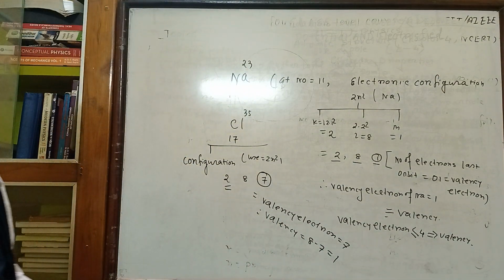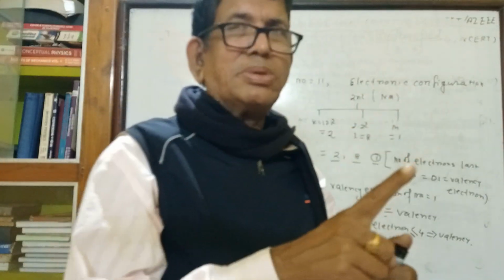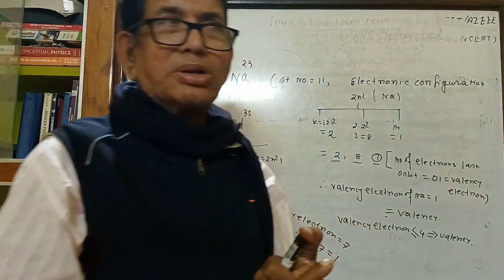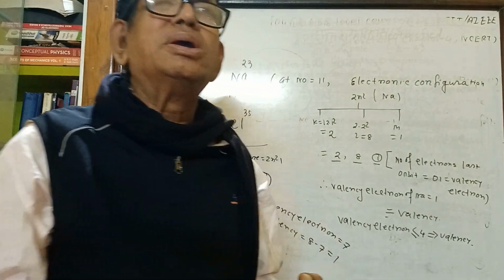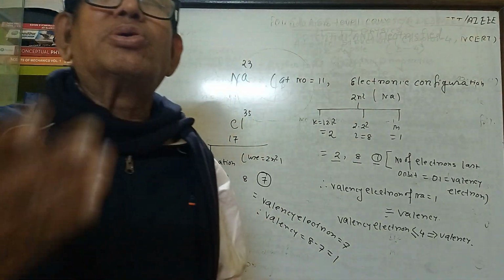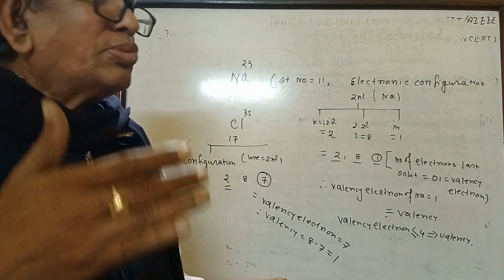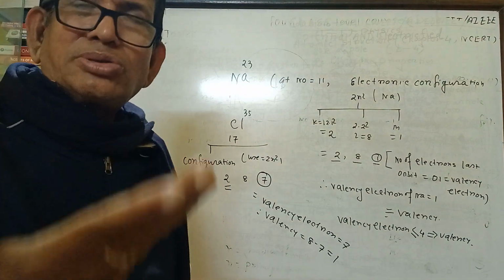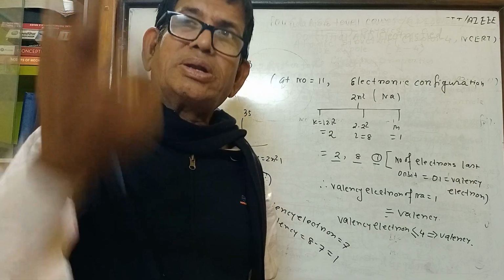Again, this is very important. First the atomic number, stepwise. First the atomic number, then you take the proper electronic configuration, then you calculate the number of electrons in the last orbit. If it is 1 to 4, that is the valency. If more than 4, 8 minus the valence electrons will give you the valency. More valence electrons means the atom is more electronegative.